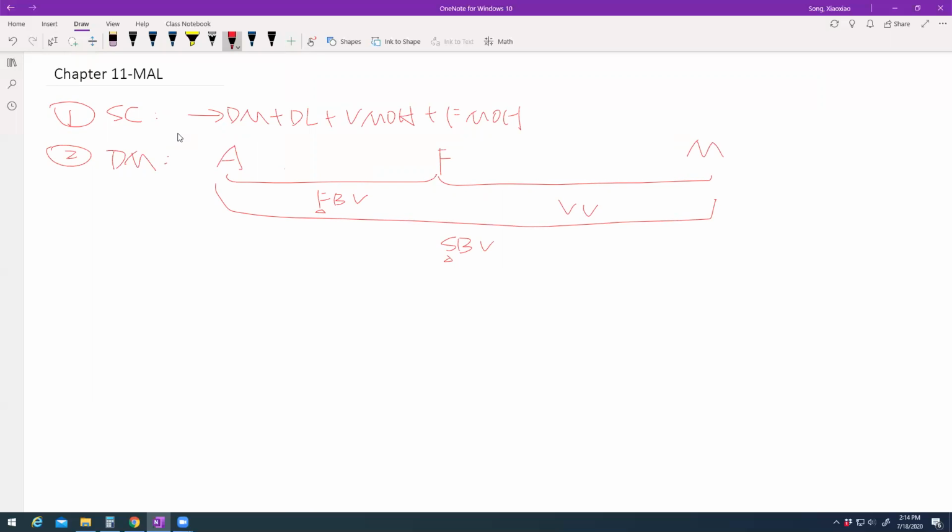So in chapter 11, we want to break down this flexible budget variance into 2 small pieces. We want to know whether it's due to different quantity or different price.